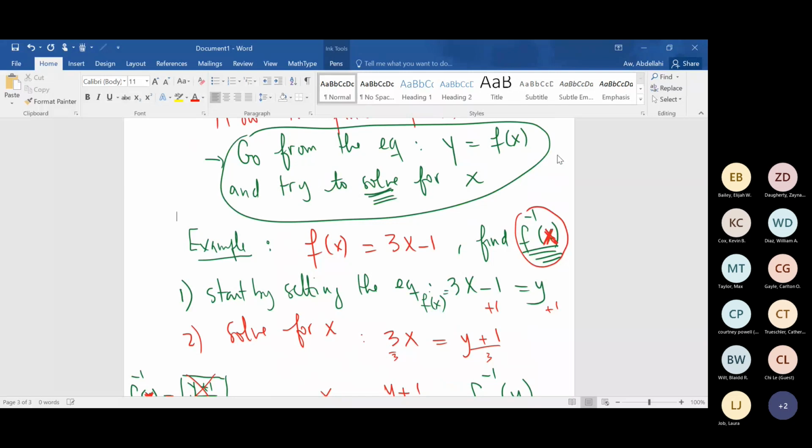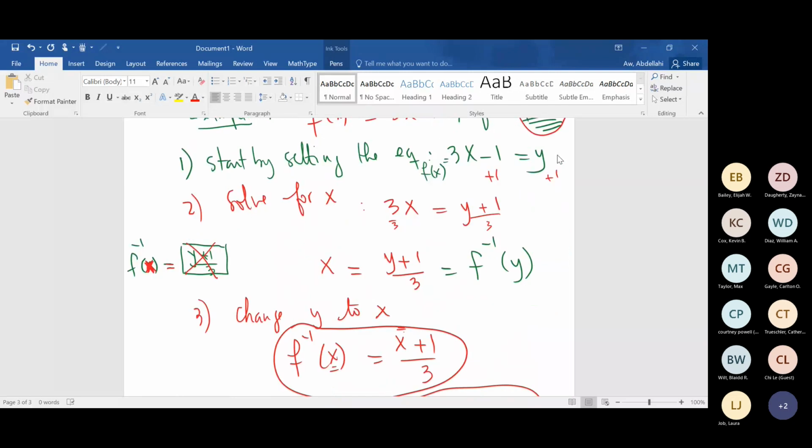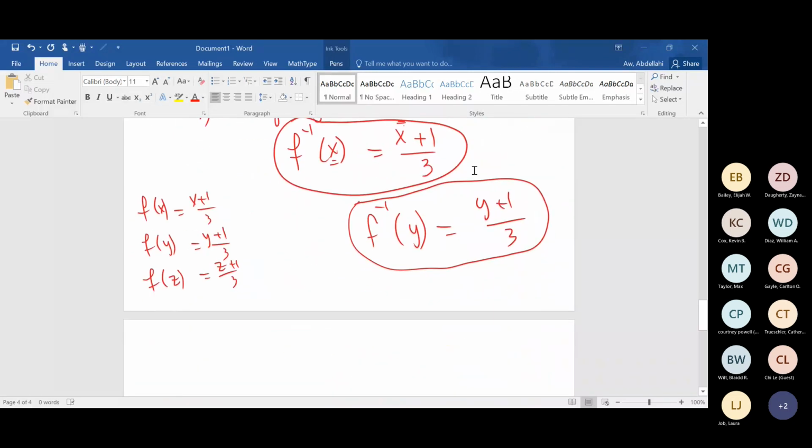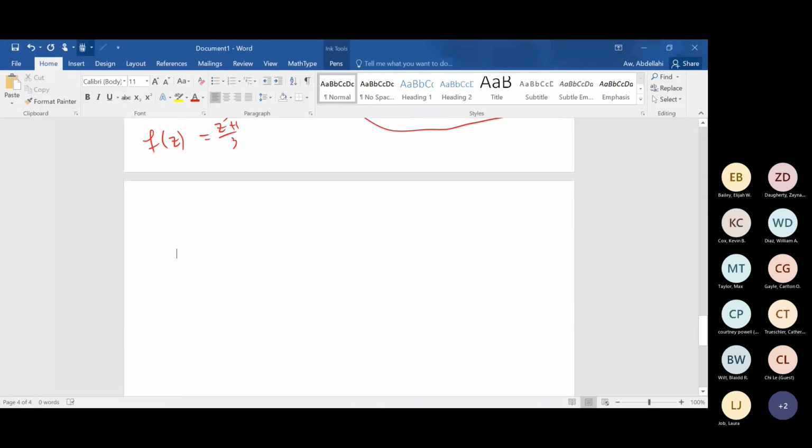So let's do another example. Let's say g of x equals negative 9x plus 7.